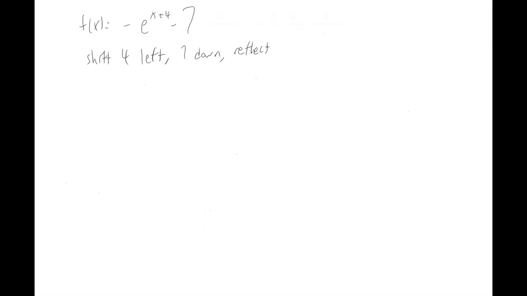Why is that? Because after shifting 4 to the left, it becomes e to the x plus 4. And then when you shift 7 down, you're subtracting 7 from this equation. And then if you reflect, you're negating the whole equation.